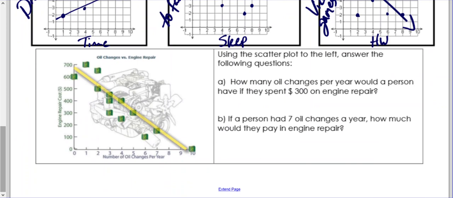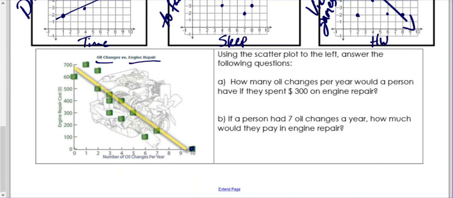So one of the biggest values of a scatter plot is that you can make predictions off of information that you have for information that you don't. So this describes the oil changes versus the engine repairs. So if you get more oil changes, you have to spend less money on engine repairs. You're taking better care of your car.